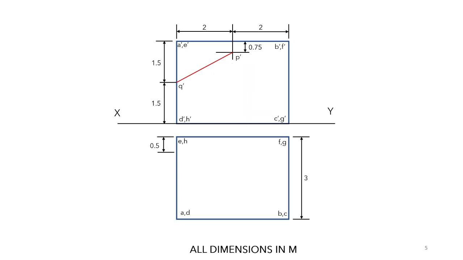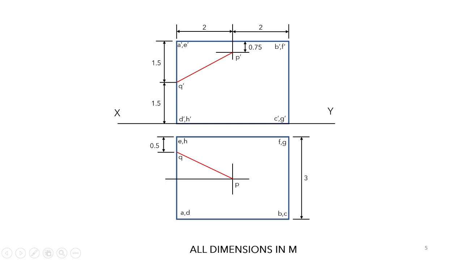Then we have to mark the location of the switch in the top view, which is at 0.5 meter from the adjacent wall, and we name it Q. Now we have to mark the fan in the top view, which is at the center of the roof, and we name it P. Now join P and Q. So this is the projected length of the line joining the fan center and the switch from the top view. So the lines which we have drawn here and here, both are projected lengths. They are not the true length.